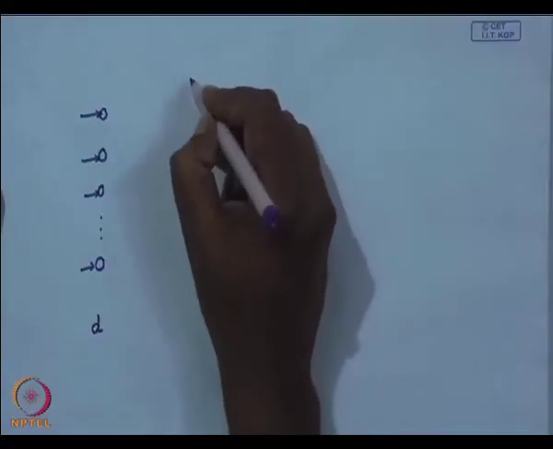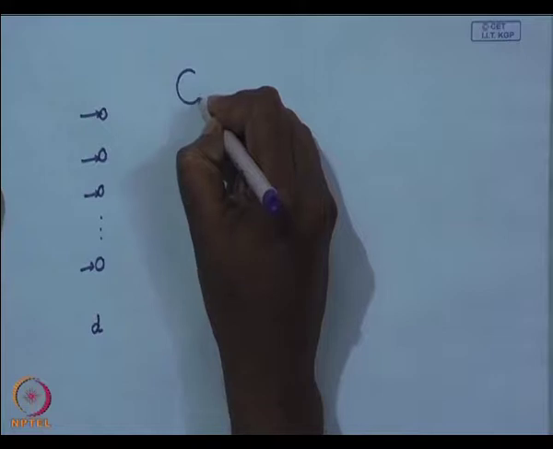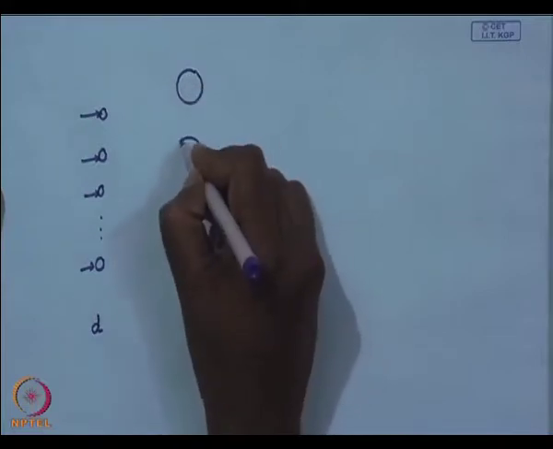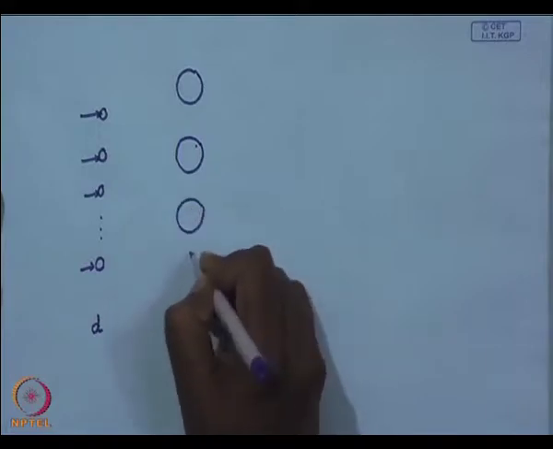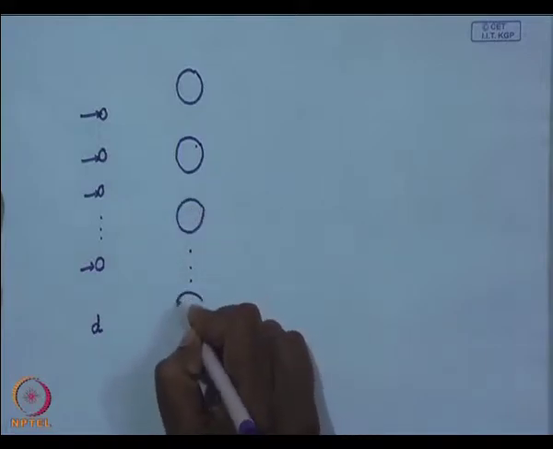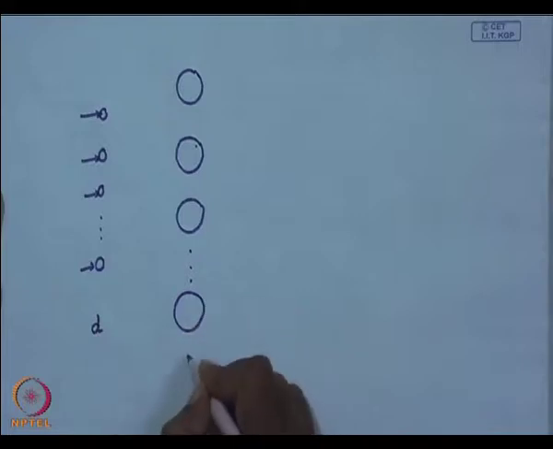In the hidden layer, I will have a number of nodes, and suppose the number of nodes in the hidden layer is capital M. As we discussed in our previous class, the purpose of the hidden layer nodes is to project the d dimensional feature vector into a higher dimensional feature vector.